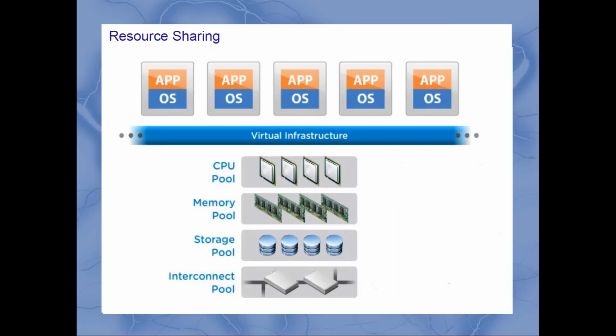Resource sharing. This is a very important concept when we talk about virtual infrastructures, as all of this is being shared. As we can see in this graphic, we have multiple VMs and all of them are running in an ESXi cluster. They're sharing the CPU, memory, storage, and interconnect or network pools of the underlying hardware.